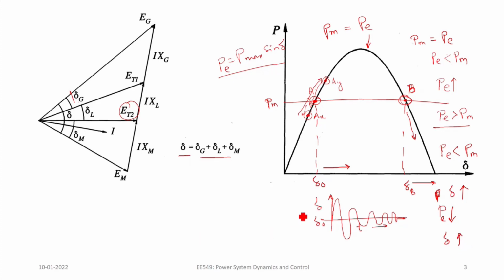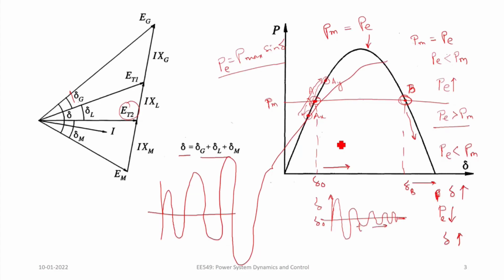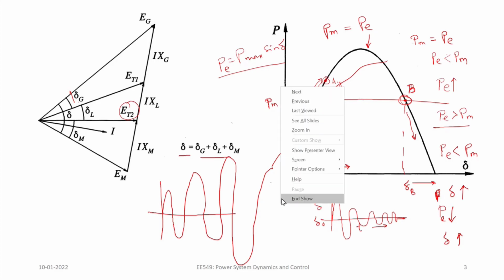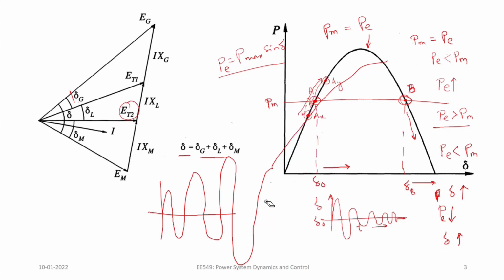So rather than stabilizing, what will happen to delta? Your delta will become like this. Initially, if it is started with this, then it will increase. Your oscillation will increase gradually, and finally it will diverge. That means your system is becoming unstable at this point with little perturbation or small disturbance.